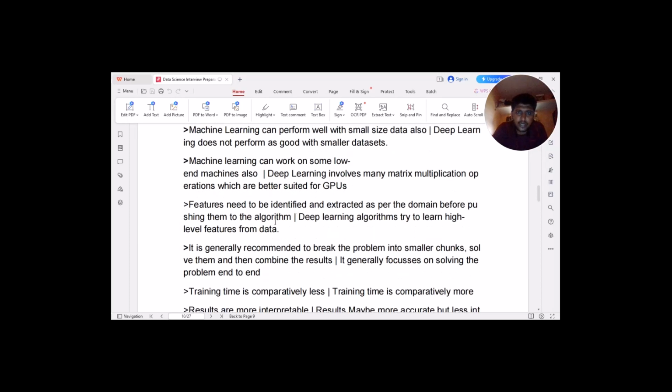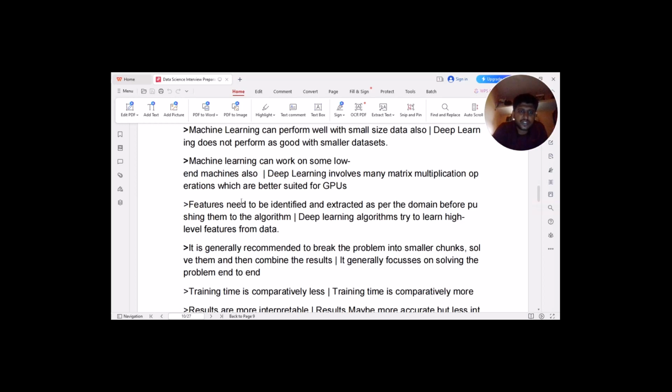Machine learning can perform well with small size data, and deep learning does not perform well with smaller data sets. Machine learning can work with some low end machines also, but deep learning involves many matrix multiplication operations which are better suited for GPUs.